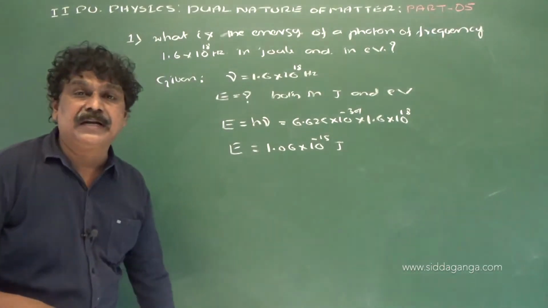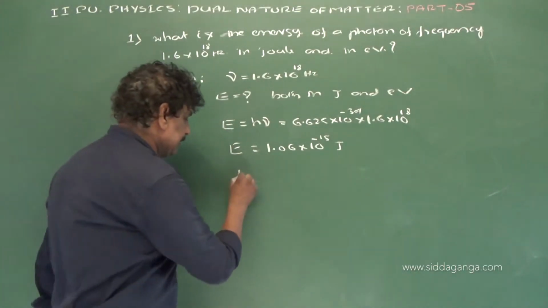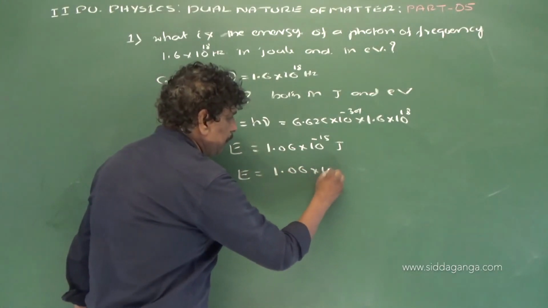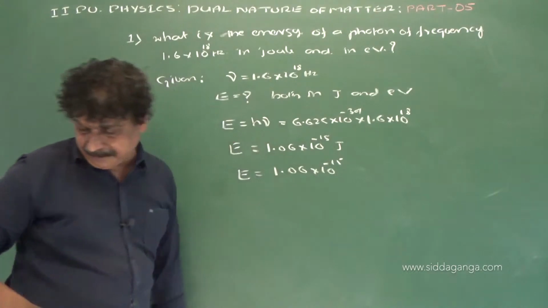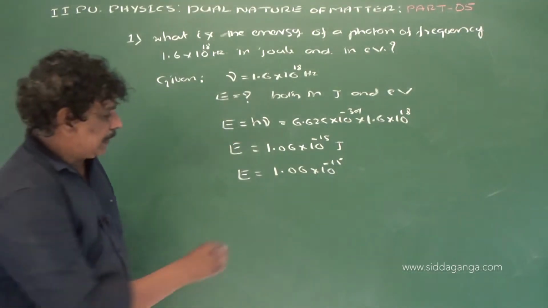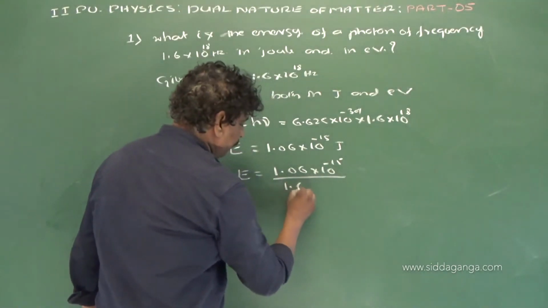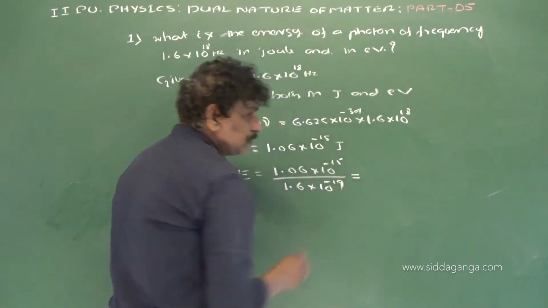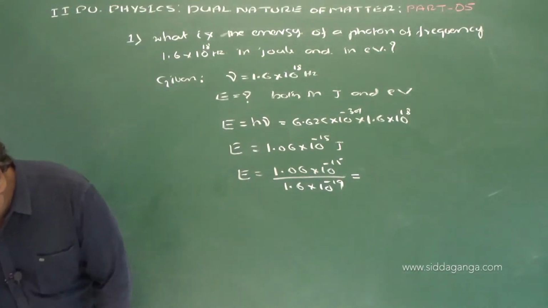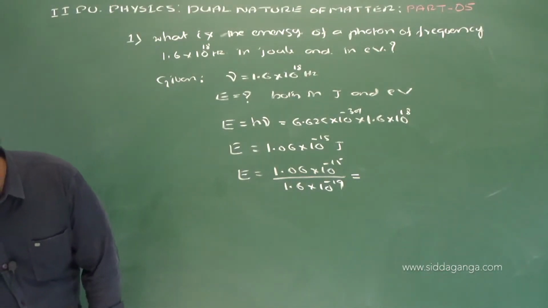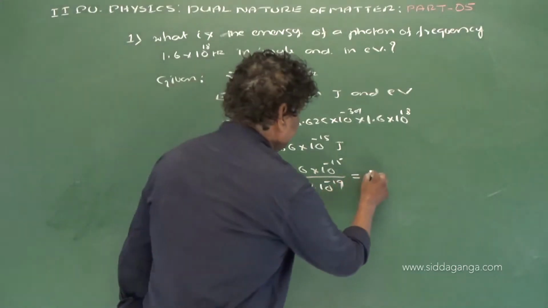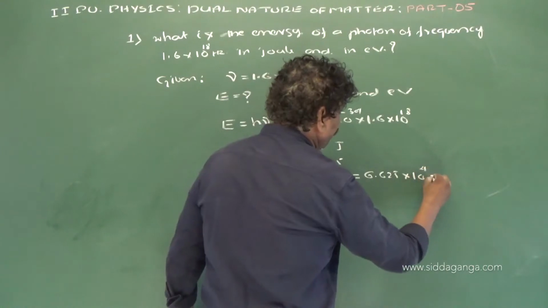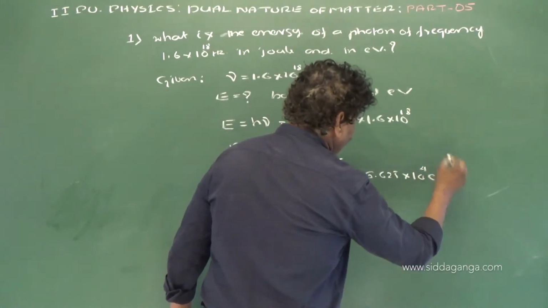How to convert this into electron volt? This E is equal to 1.06 into 10 power minus 15 divided by 1.6 into 10 power minus 19 to convert it, and that comes out to be 6.625 into 10 raised to the power of 4 electron volt.